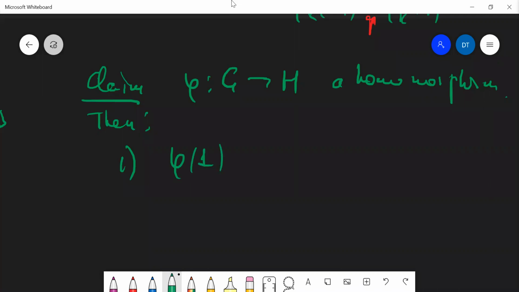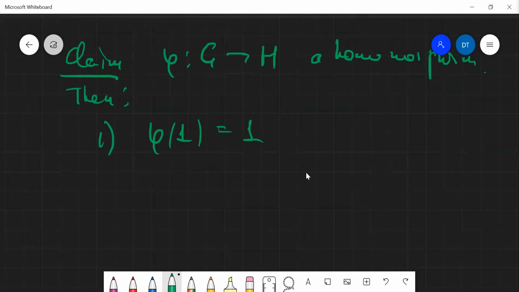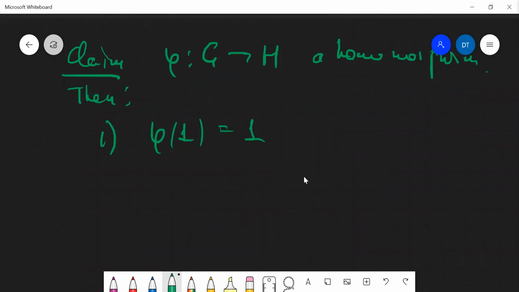phi of 1 is equal to 1 always. So every homomorphism takes the identity element to the identity element. On the left-hand side, 1 is the identity element from G, and on the right-hand side, 1 is the identity element from H. So this is what always happens. Property number 2 says that phi of g to the minus 1 is exactly the same as phi of g to the minus 1.